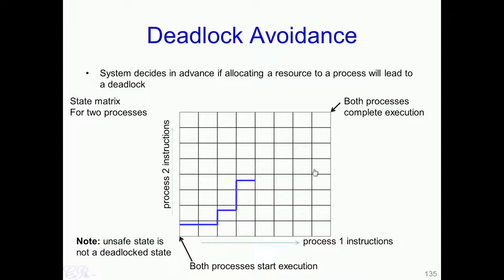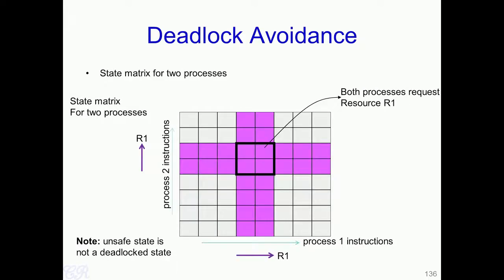Now, let us also state that process 1 and process 2 require a resource R1 during their execution. So, process 1 requires the resource R1 at this particular time, which is shown at this point. So, these instructions in process 1 require the use of resource R1.